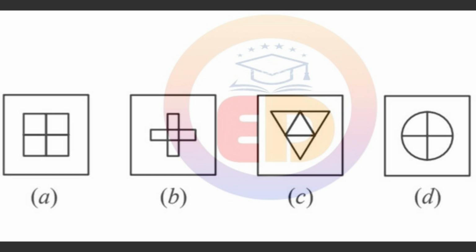In this question here, in the first figure, the shape is divided into 4 parts. In the second figure, it is divided into 1, 2, 3, 4 and 5 parts.